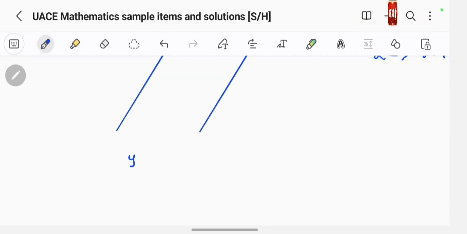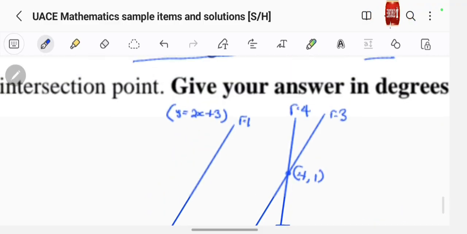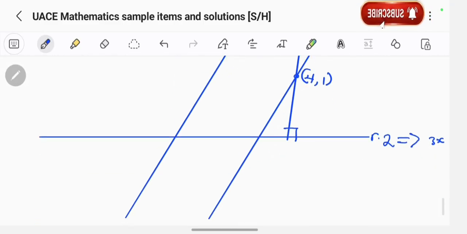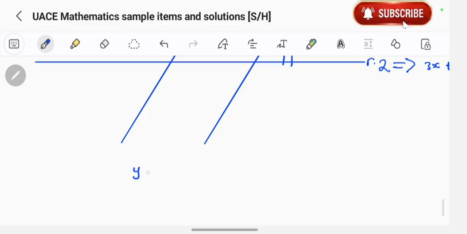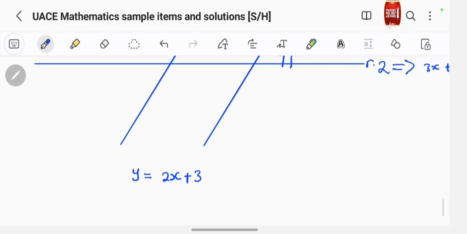Because road 1 is a bit simplified. It's having y = 2x + 3. Then the other equation is 3x + 2y = 12.